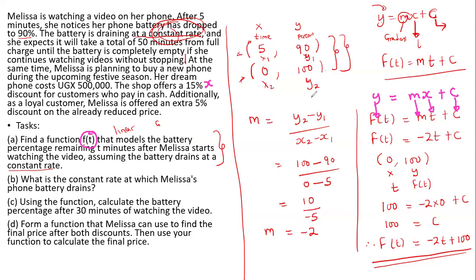Yes, excuse me, sir. I'm saying to get this equation, the final equation, which is f of t equals negative 2t plus 100.